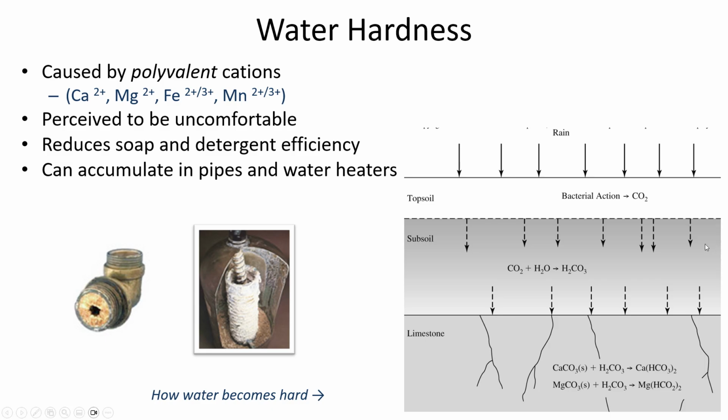Depending on the type of soil that you have, there may be limestone in the soil, which is rich in calcium, rich in magnesium, and the water seeps through the cracks of the limestone. It picks up the chemical characteristics of the soil, and that can include hardness.